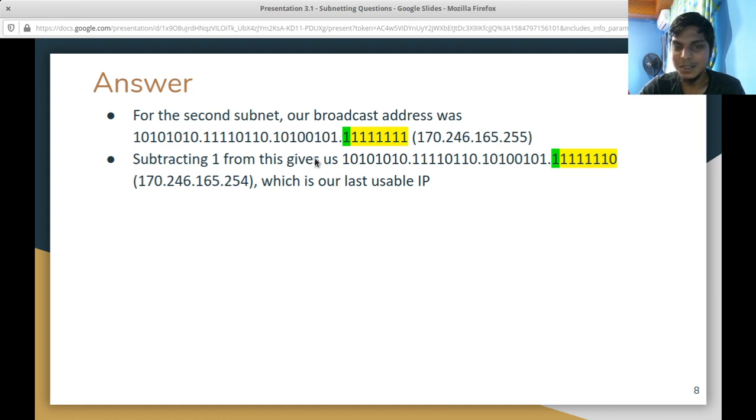The reason I said to do it in binary is that you may not have it perfectly aligned with the dots here. Remember, this dot is just a kind of imaginary dot that we put in. If you have a weird subnet, like instead of a /24, if I give you a /22, you might have to borrow bits that cross this dot here. And in those cases, it becomes very difficult to do it in decimal.